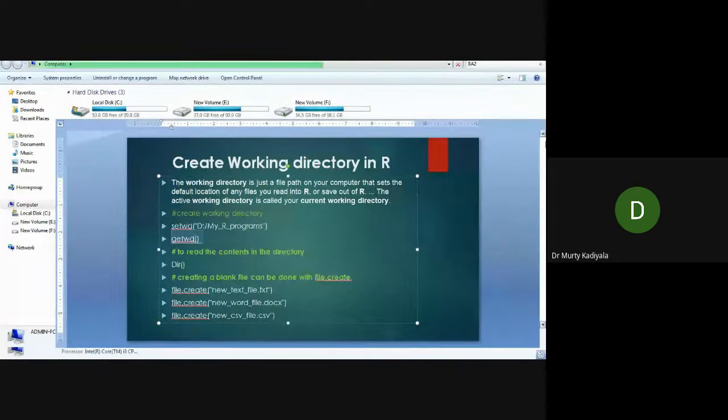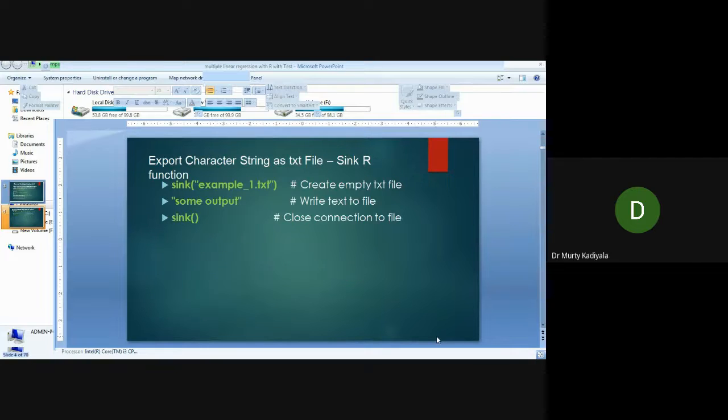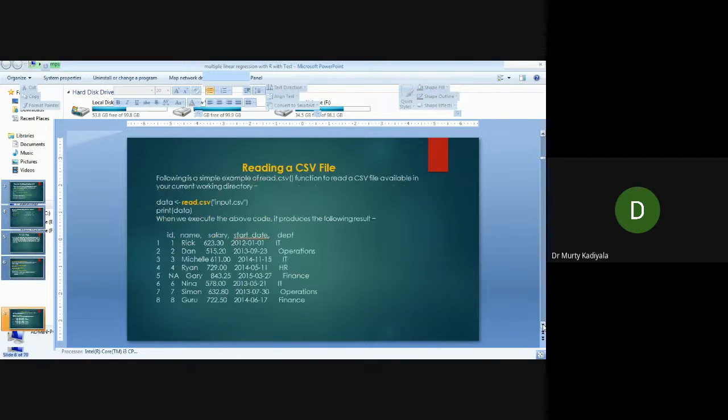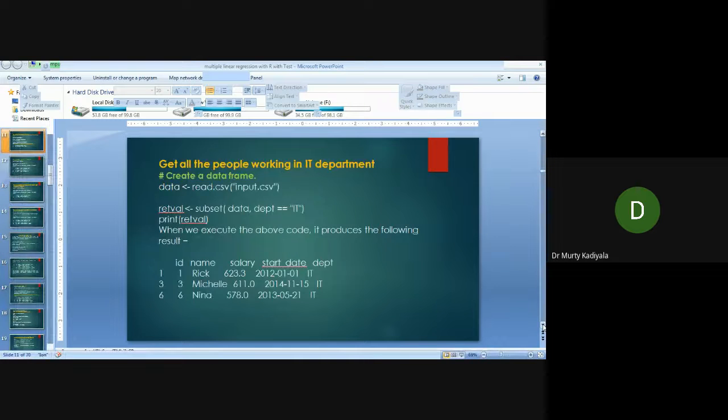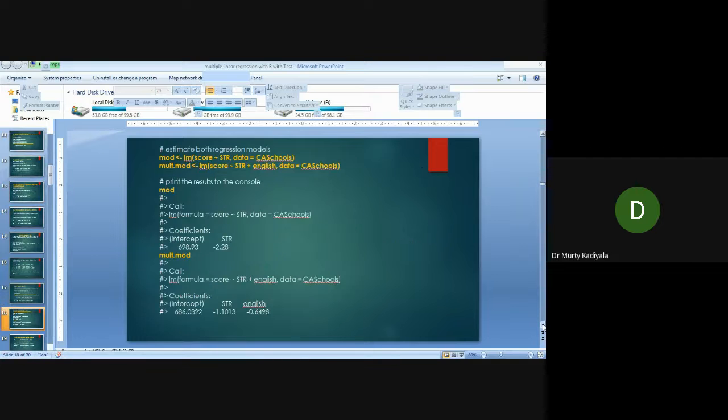Anyhow, just for information, we have done multiple regression on Excel already, isn't it? We have to do it on R. We'll do that. Before that, what are the assumptions of regression?